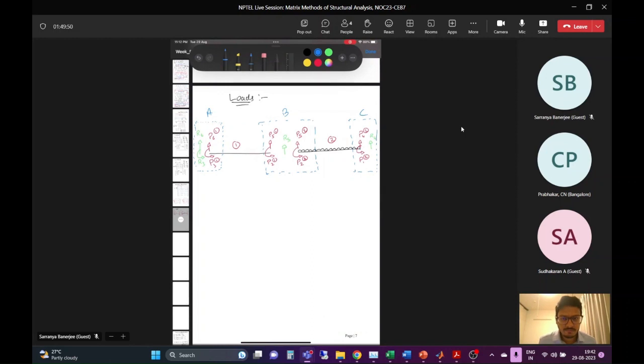So now your final force vector corresponding to the global stiffness matrix would be the forces here.